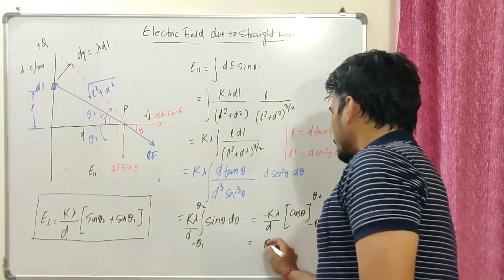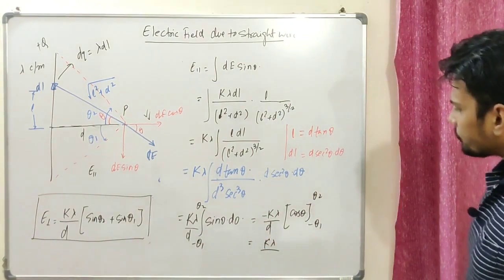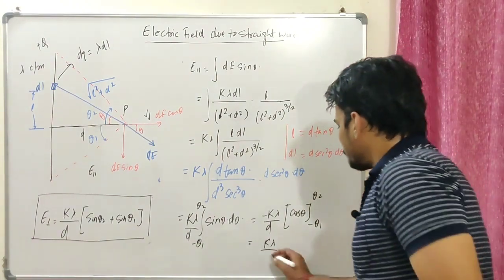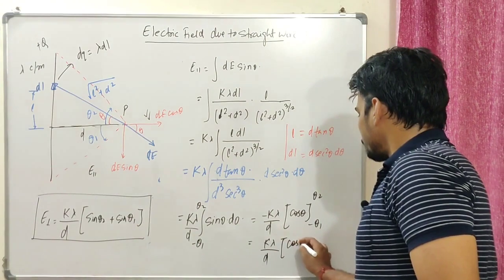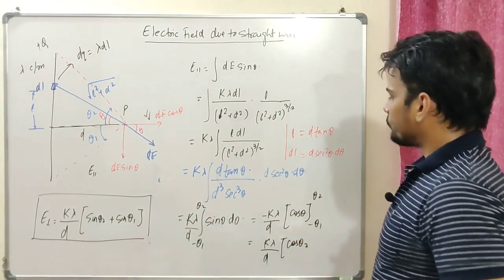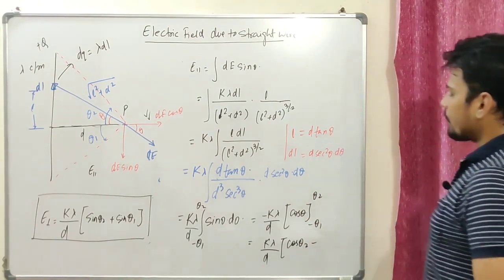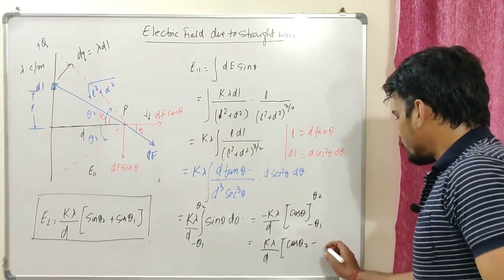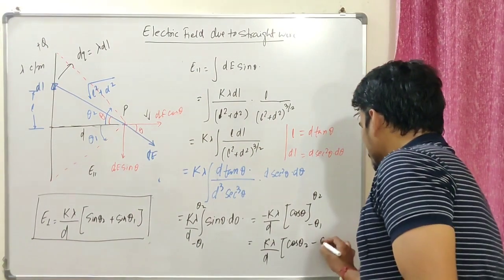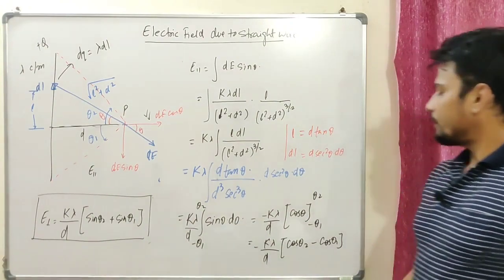I'm going to get k lambda over d, cos of theta 2, now minus of cos theta 1, that becomes minus of cos theta 1 with a negative sign outside.